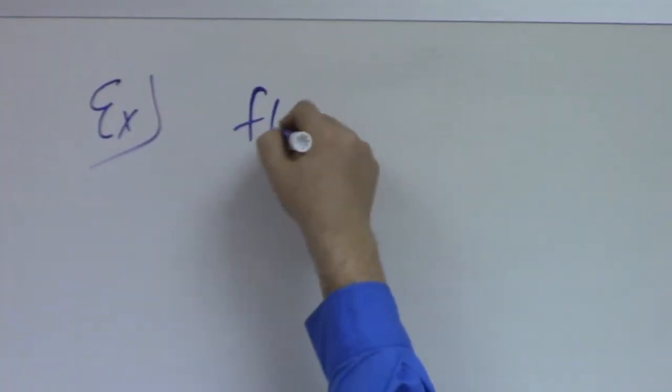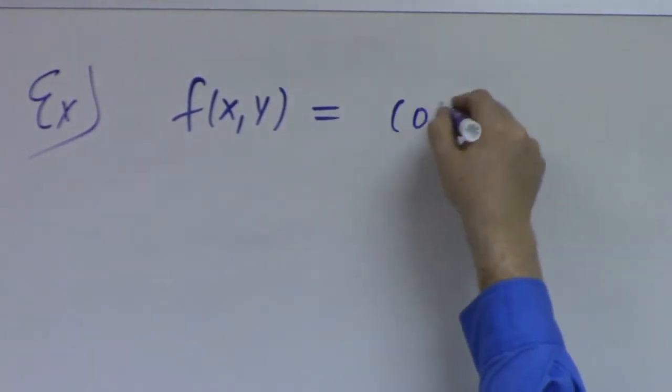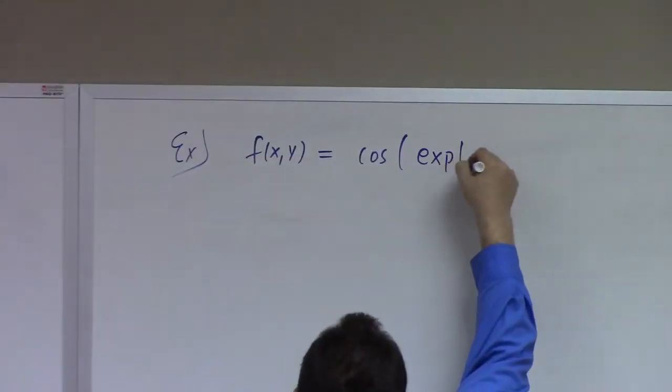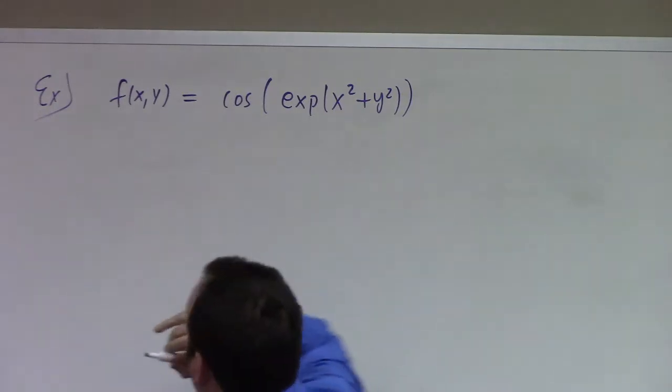Let me try out something similar. So let's just try to find the multivariate Taylor series centered at 0, 0 for, say, cosine of the exponential of x squared plus y squared. All right.